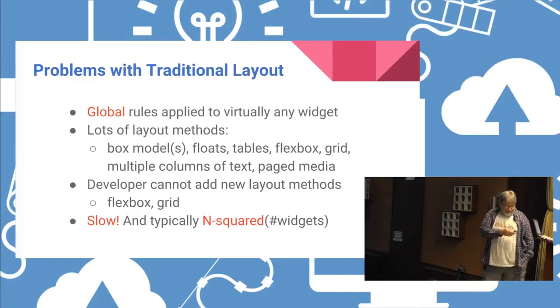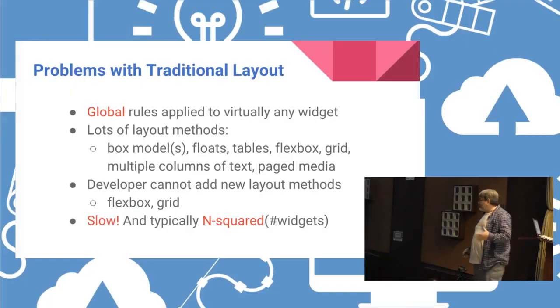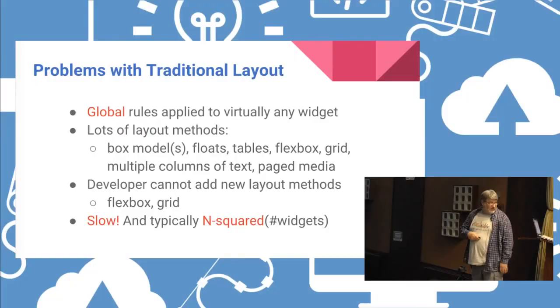Right, there's all this stuff in CSS. There's floats, tables. Flexbox and grid are interesting because they show that you can't just add new layout methods to CSS. It has to be built into the platform. And this was a problem that we saw. And so the biggest problem, though, is that CSS layout is very slow.